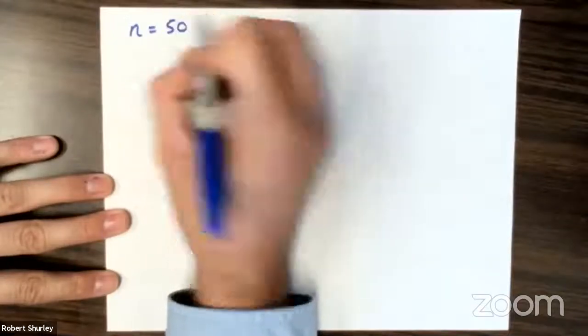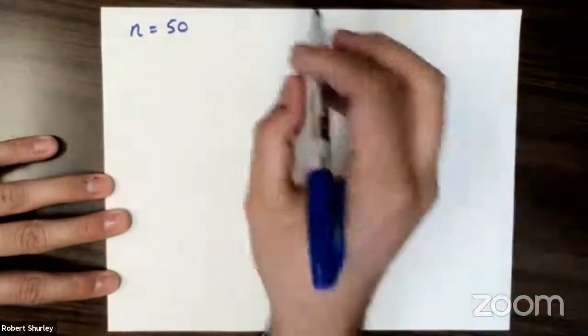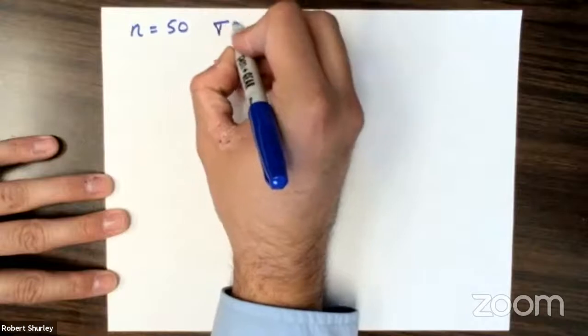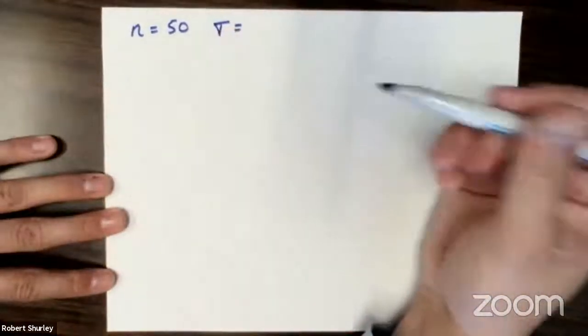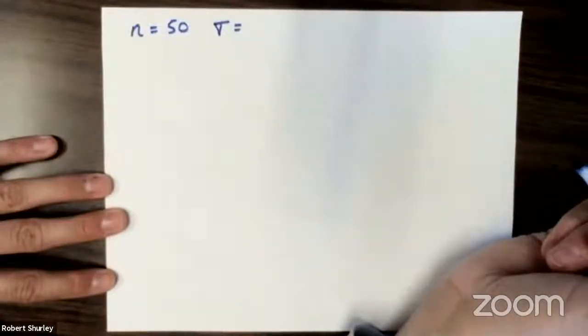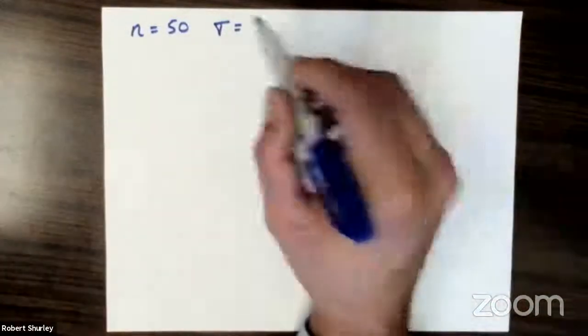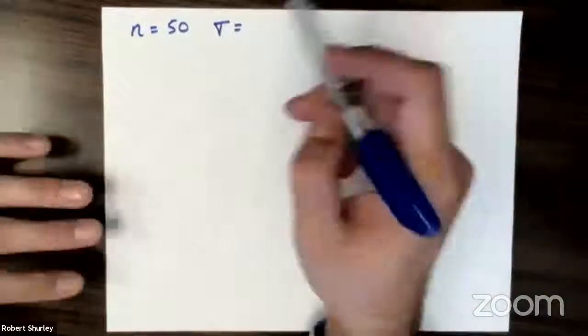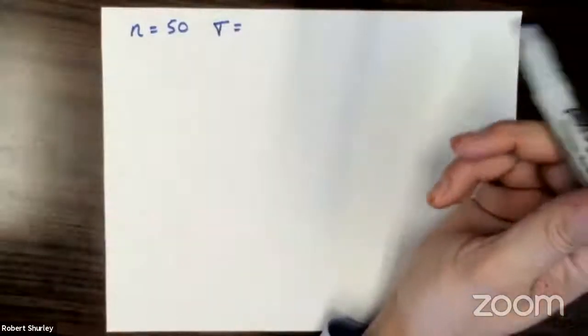Let's say we were looking at the average age of freshmen on our campus, because we have a lot of non-traditional students, right? And we sampled 50 freshmen. Now, for some reason, we know the standard deviation. To use the process we're doing today, we have to know the population standard deviation. In 8.2, we won't know it.